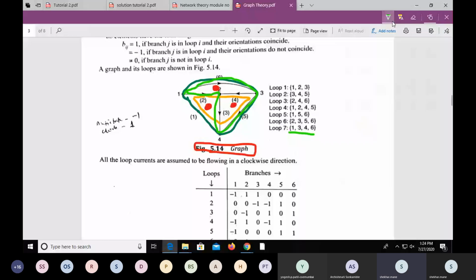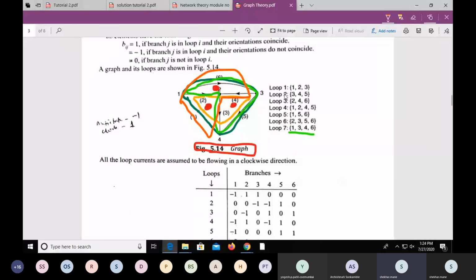This is 1, this is 3, this is 4, and this is 6. So this is one more loop. Have you understood these loops? With different colors I have shown them one by one. So these are all the possible loops that you have to write.